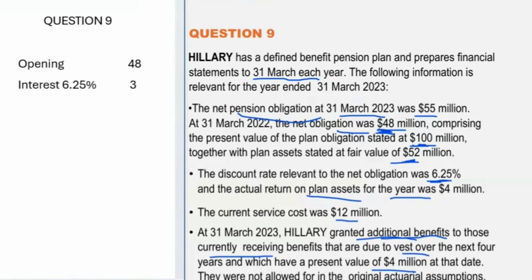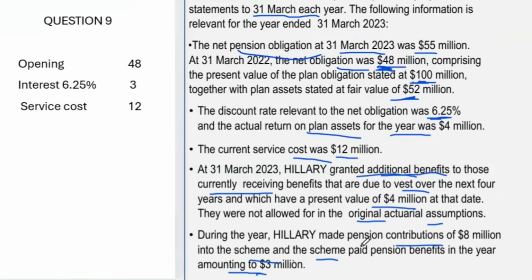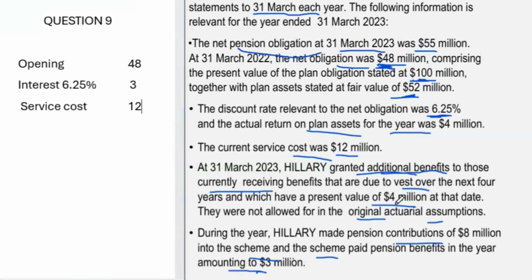And then we have current service cost in the question. So we have current service cost of 12 million. Then we said there's an amendment here. This 4 million amendment. They amended the plan to provide additional benefit to the employees.